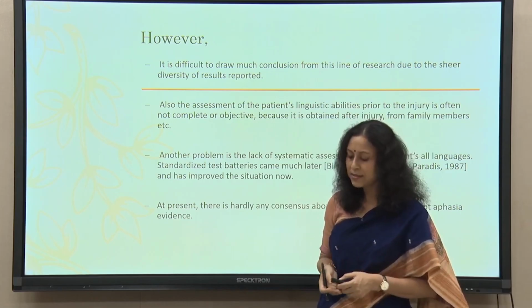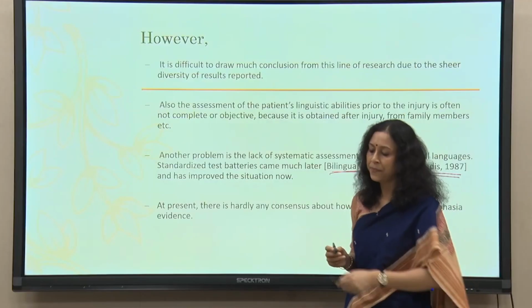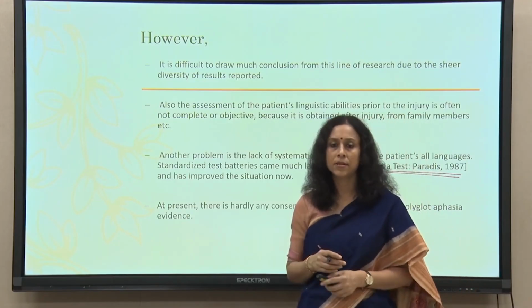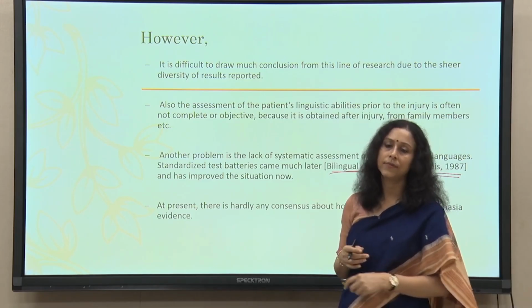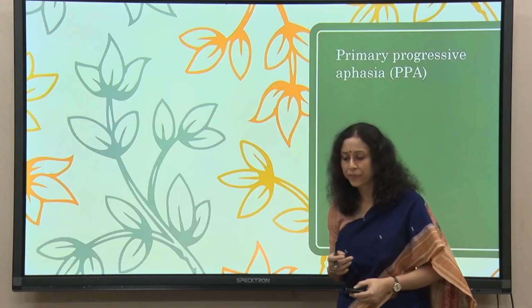These test batteries became available only recently, as you can see. Bilingual Aphasia Test by Paradis, 1987, which is quite recent. And now, using these tools, we have a better scenario to collect objective data, and the field is still developing.